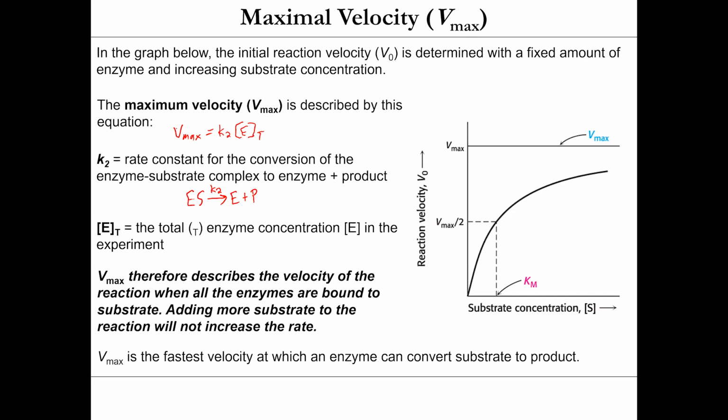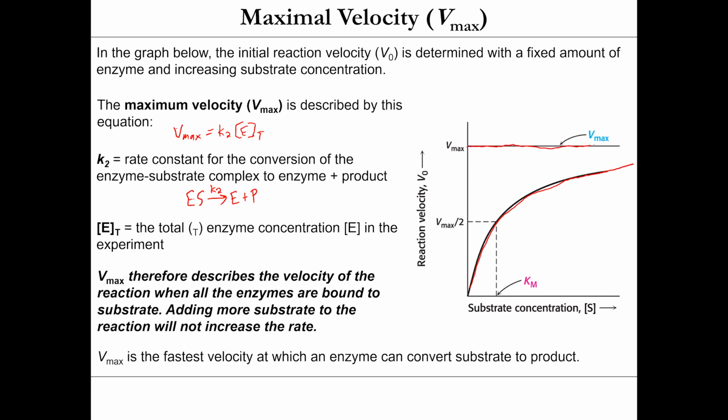So the Vmax, therefore, describes the velocity of the reaction when all the enzyme is bound to substrate. Adding more substrate to the reaction will not increase the rate. So if you have a fixed amount of enzyme, the total concentration of E, and you keep adding substrate, at a certain point you're going to add enough substrate that all the enzyme is bound to substrate, and the reaction really can't go any faster.